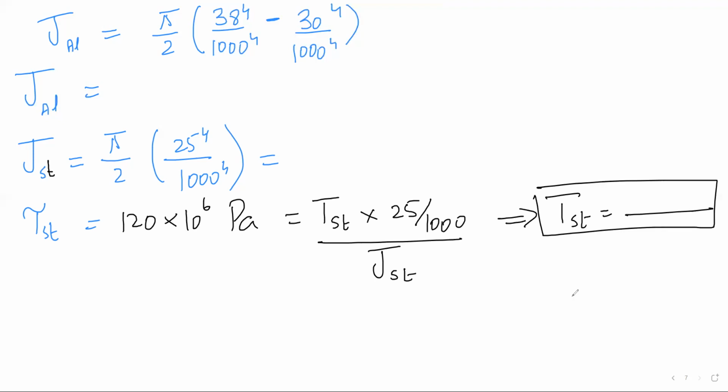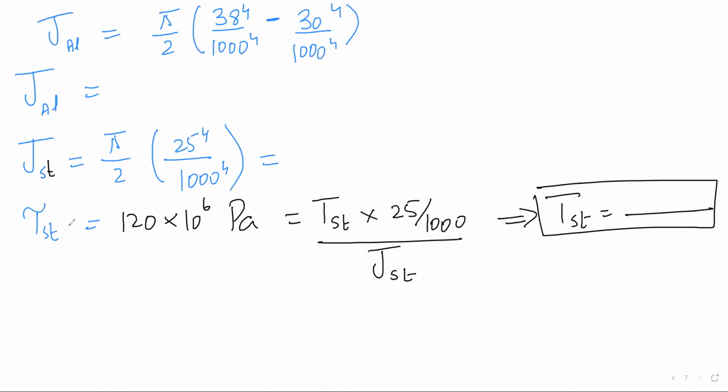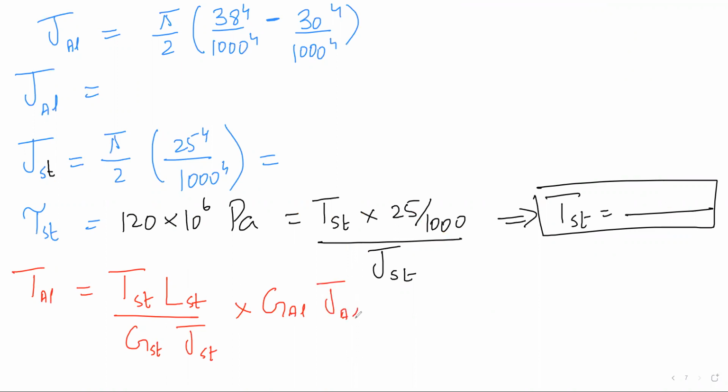We will follow the second equation, equation number 2, and I will say that T aluminium is equal to T steel. T L over G J into, we will get G aluminium J aluminium over L aluminium, right?